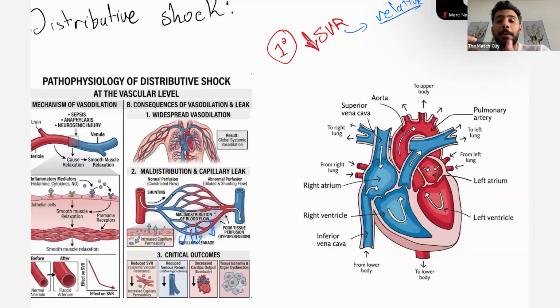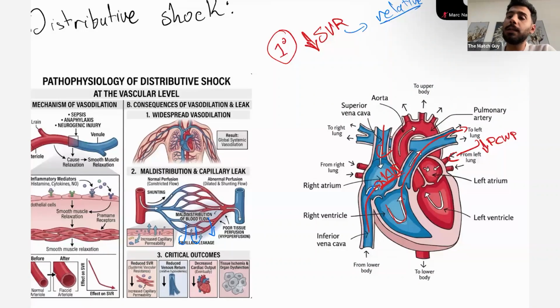Add to that the capillary permeability that has now increased, and now blood is also flowing outside of these blood vessels into the tissues. So the blood coming back to the heart, or what we call the central venous pressure, is going to fall. And now also the blood coming back and then sent through the lungs, coming back to the left side of the heart, which is the PCWP, is going to be falling down.